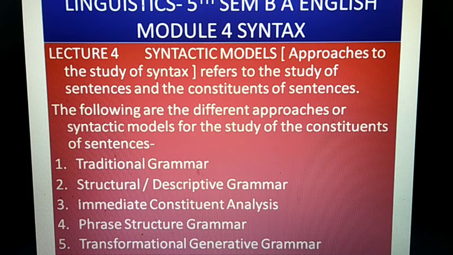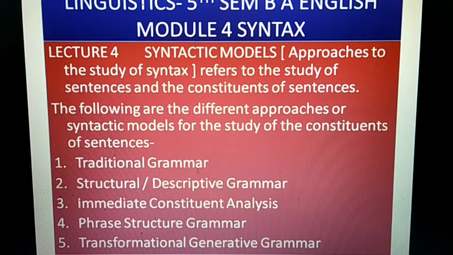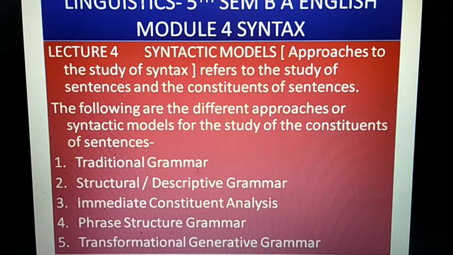All right, and the immediate constituent analysis was not sufficient, was not enough to just illustrate sentences or, of course, language. And another syntactic method was developed, that was phrase structure grammar.